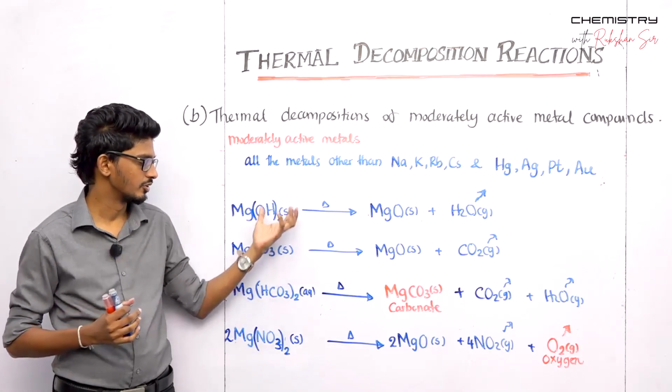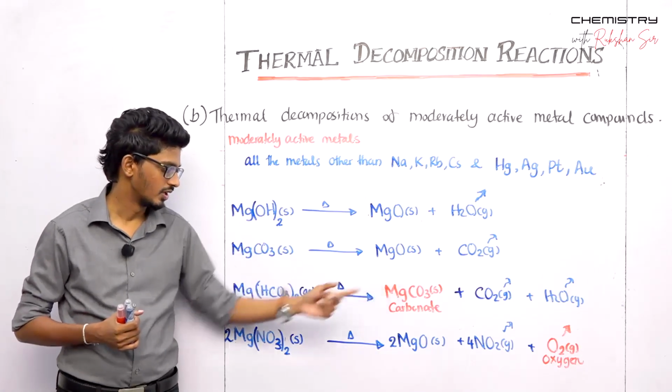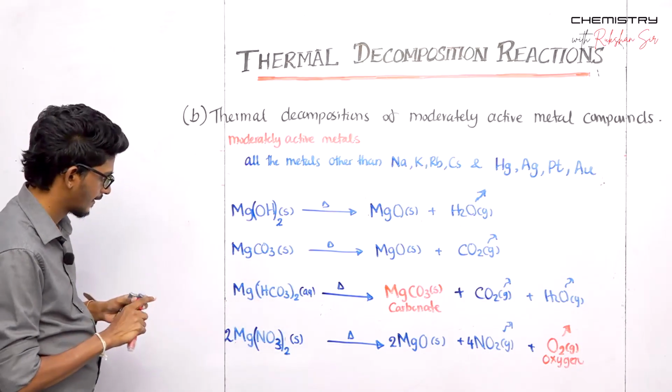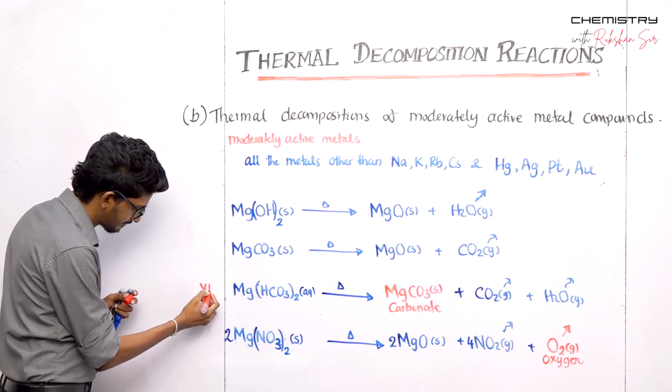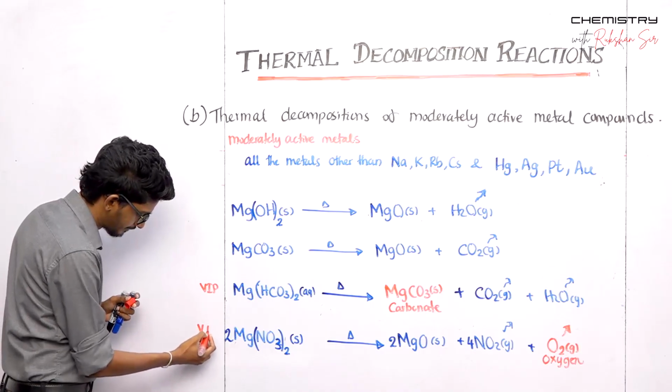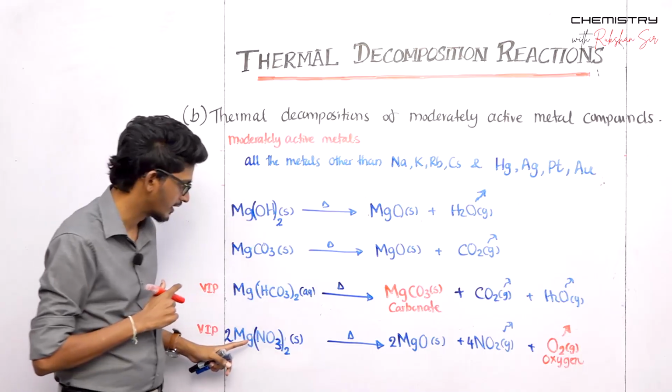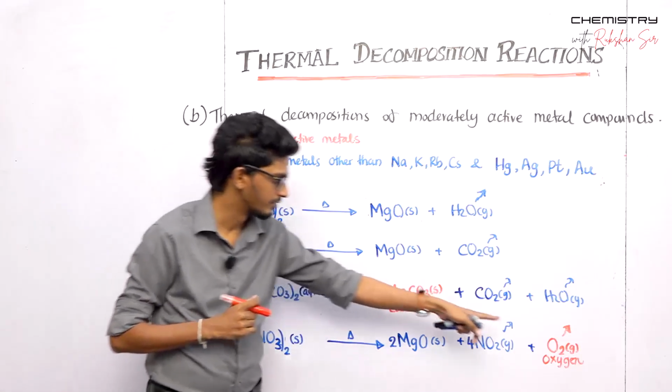The normal general trend is giving you the oxides, and in these 2 cases you are with some VIP situation, right? So these 2 guys are with VIP. Just remember that. This guy not only gives you the oxides, but also O2 gas will be released.